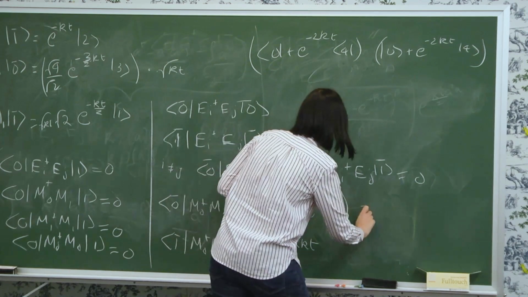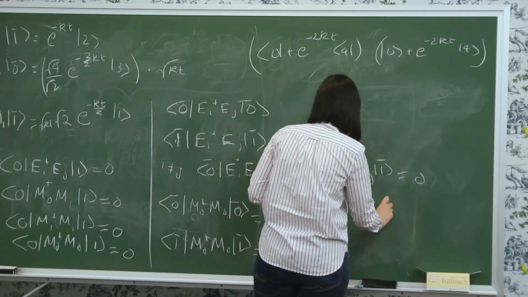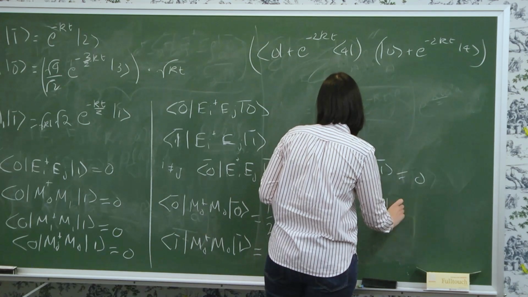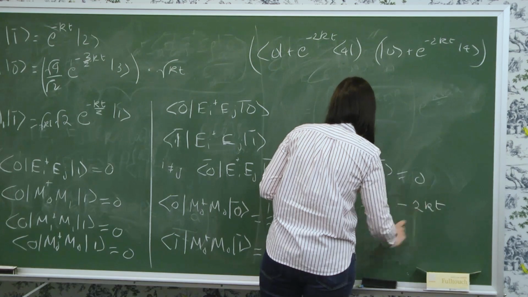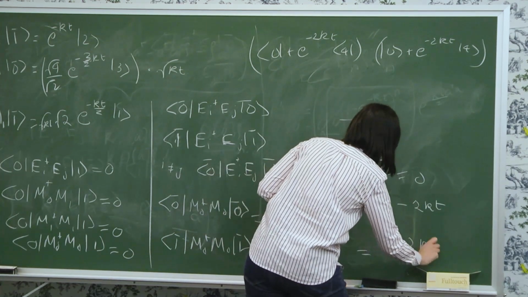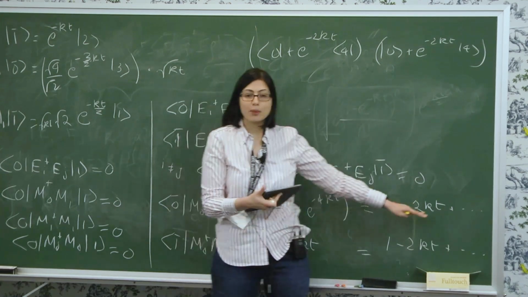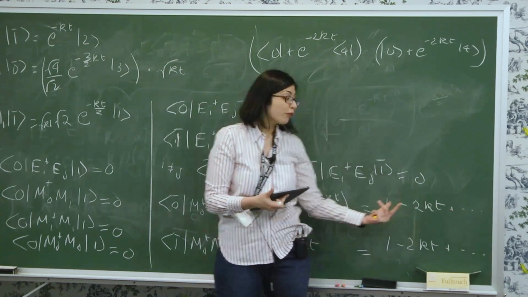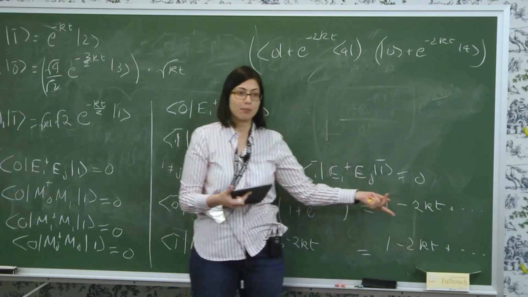This is actually, again, for small kappa t, 1 minus 2 kappa t, and this is 1 minus 2 kappa t plus other terms higher order in kappa t. So to first order in kappa t, they are the same, but to higher orders in kappa t, they are not the same.